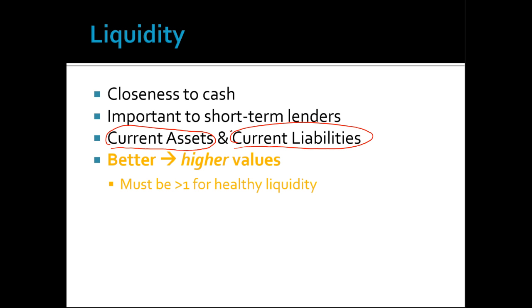Now, when I'm talking about liquidity ratios, and you will see that I do this for all of the categories, I'm going to tell you that for all the liquidity ratios, the better circumstance is when you have a higher value. And even before I start comparing a company's liquidity ratios to its historical liquidity ratios, or comparing one company's liquidity ratios to another company's liquidity ratios, I can tell you also this, that a company always wants to have its liquidity ratios be greater than 1.